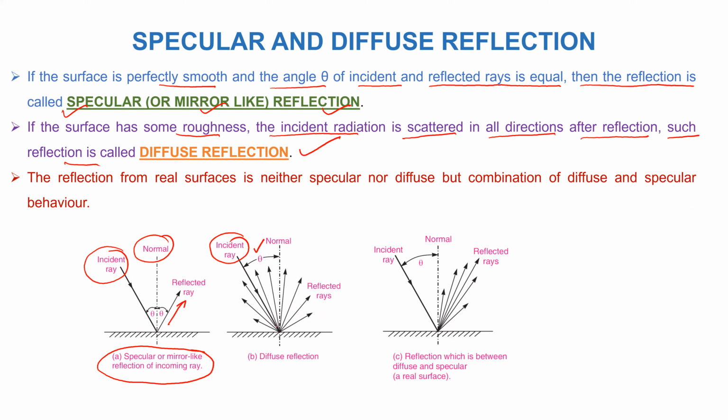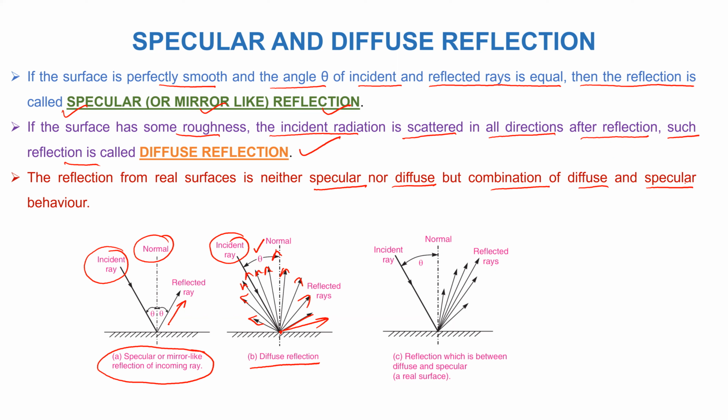Once it falls at this particular point, it is reflected in all directions, here, here, here, and so on. So the reflection is taking place in all directions. Such reflection is known as diffuse reflection.